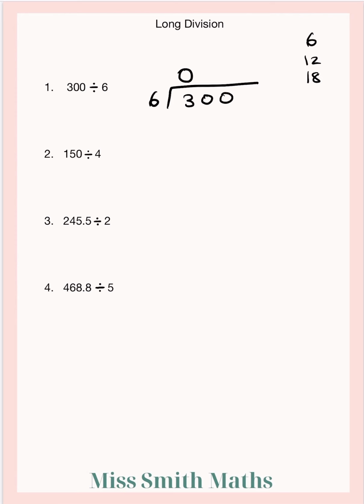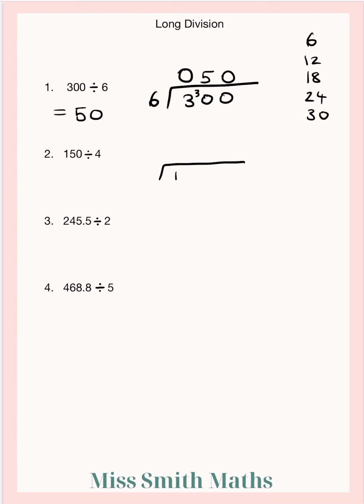So because there aren't any, I'm going to carry 3 to my next number. So that number becomes 30. 6s in 30 then, I have 5 6s in 30. Nothing left over as it goes straight up to 30. And then 6s in 0 is just nothing. So your answer to 300 divided by 6 is 50.